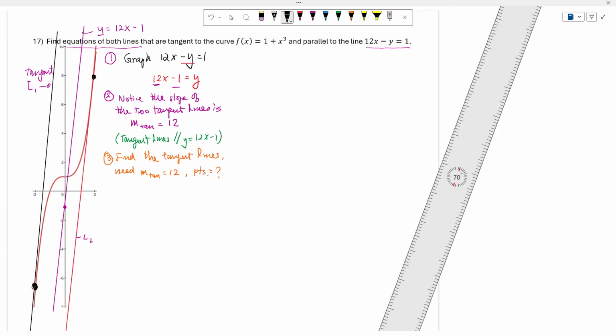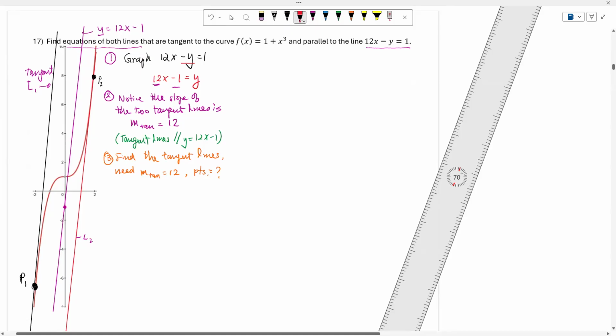So if I could find these two points right here, then with this point and the slope, I will be able to find the tangent line L1, and with the other point and the slope, I will be able to find L2. Let me label that. This is point 1, this is point 2. If I could find P1 and P2, then it seems that I'm done with the problem.